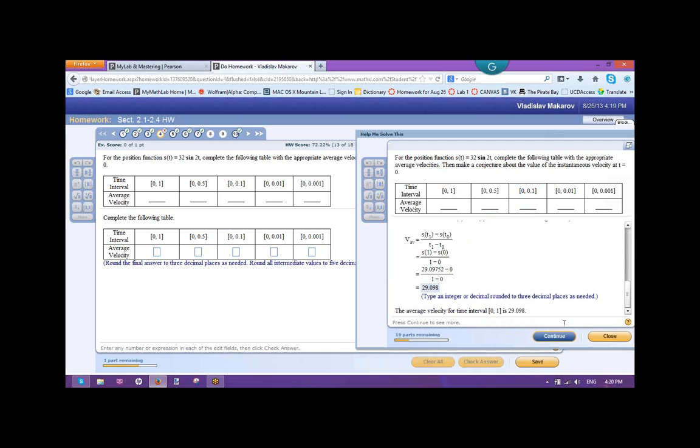I'm a little confused as to their instructions originally, but I think we've got it solved for how you do this problem.